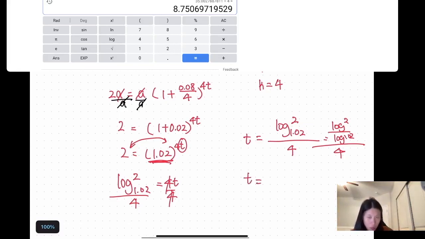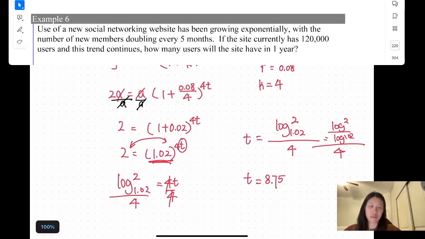So that means it takes about 9 years, or 8.75 years, to double your investment in this account. Okay, let's try another example.